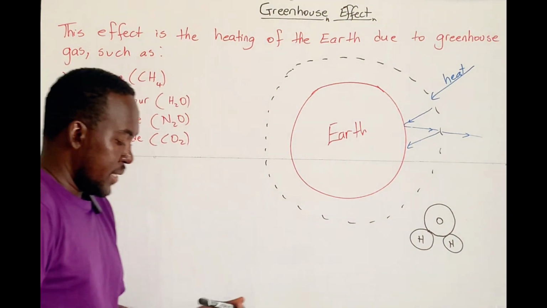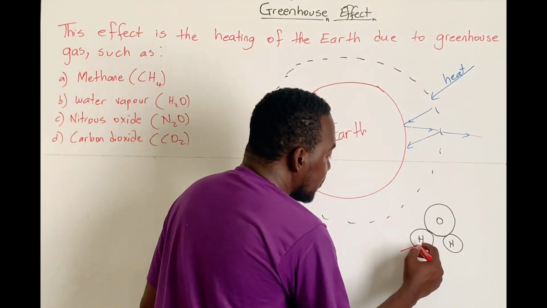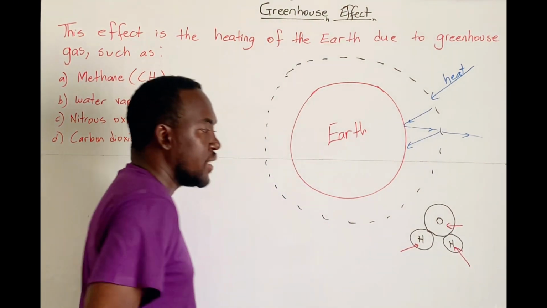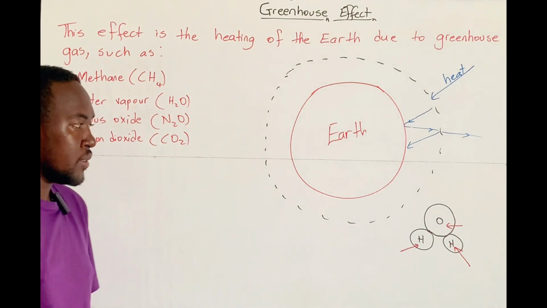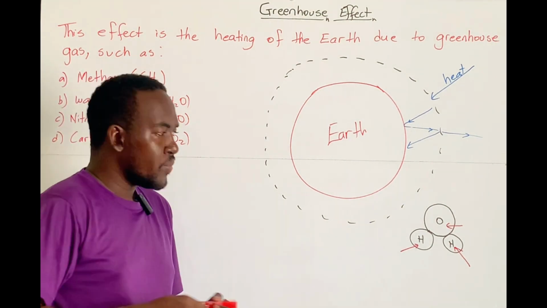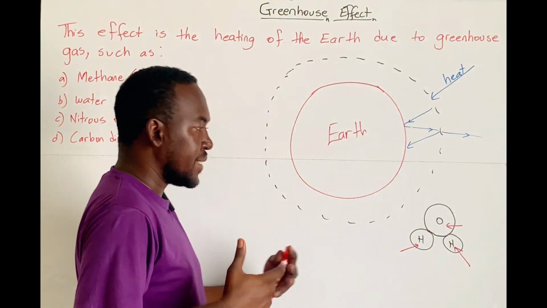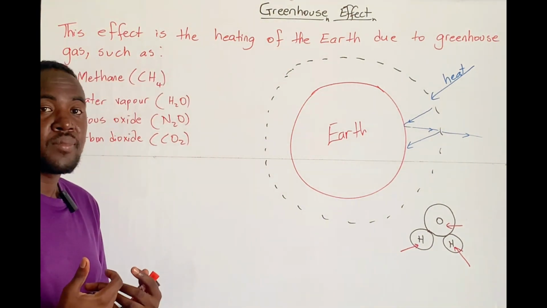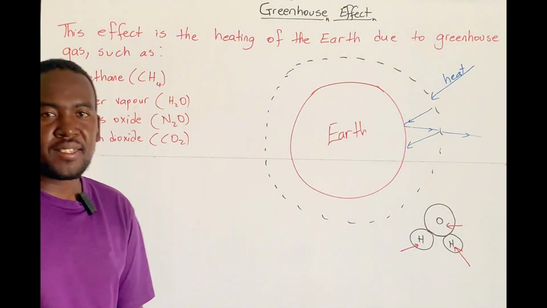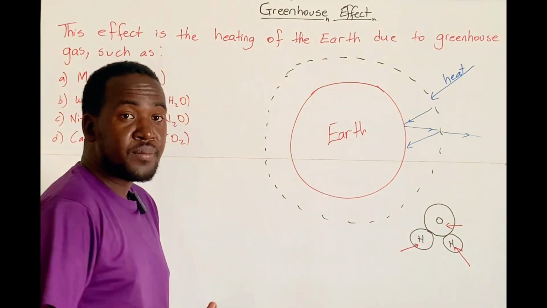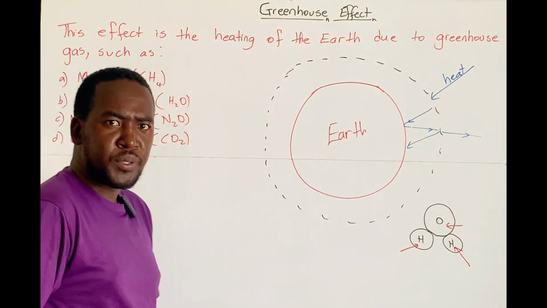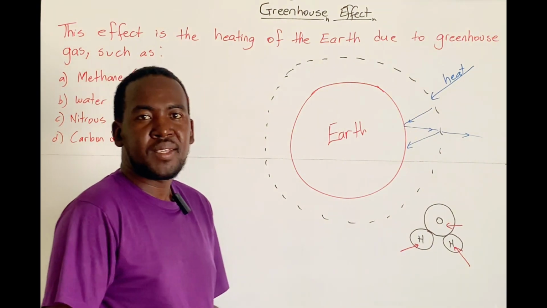What happens is that the heat is now absorbed into these water vapor molecules. The greenhouse effect is explained in two ways. One is when these gases absorb the heat, they will vibrate. Because you're getting heat, you're going to get excited, so you're going to vibrate, and in that vibration process, vibration produces more heat.